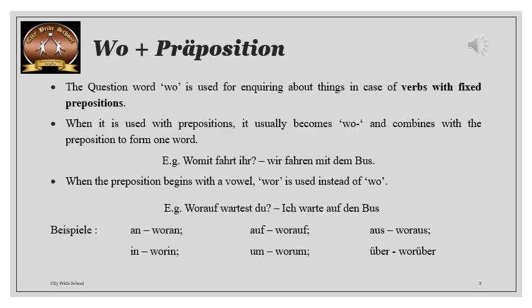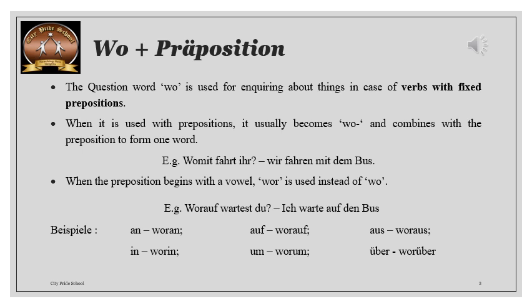Now we will see how we have formed the questions with wo plus preposition. The question word wo is used for inquiring about things in case of verbs with fixed preposition. You already know that in case of verbs with fixed preposition there are two types of answers possible, either for things or for person.